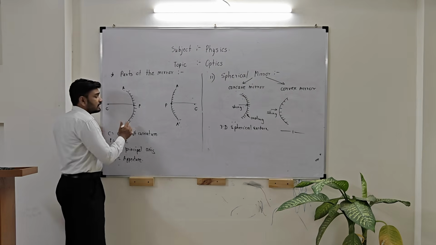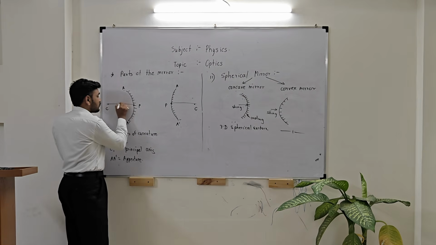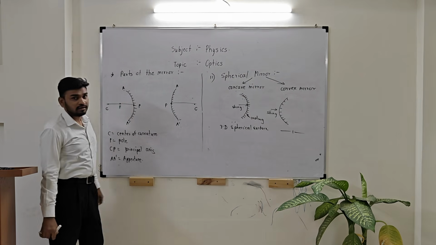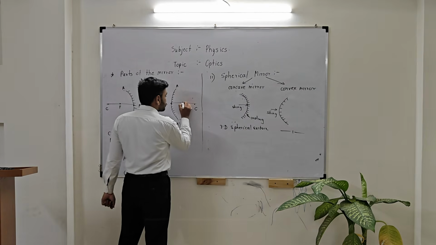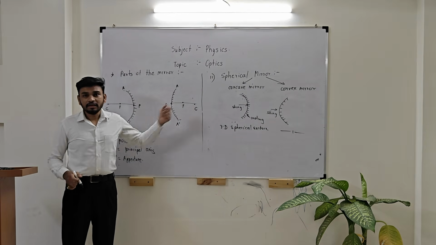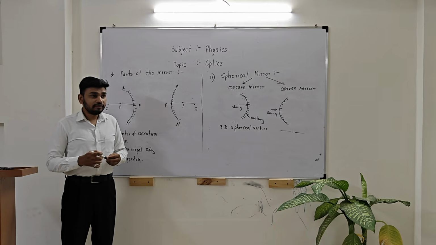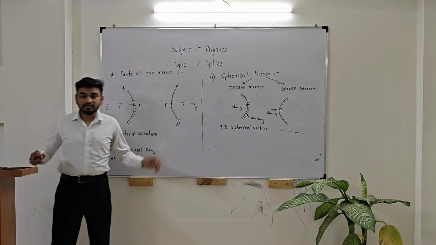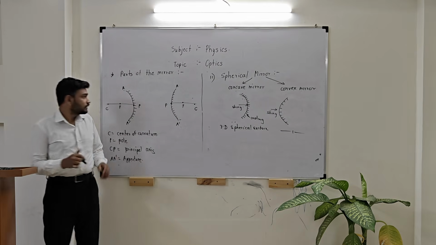Then another part is the focus, the principal focus, marked as a capital F. Here also the principal focus is marked as a capital F. This is a point on the principal axis. How do we define the principal focus?